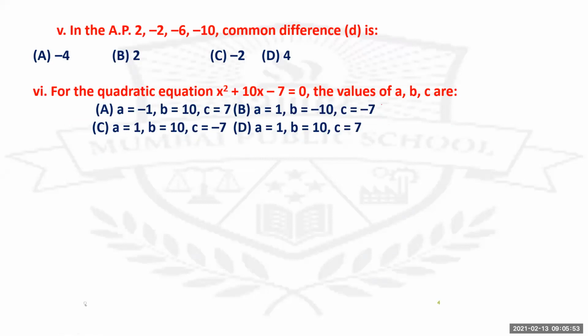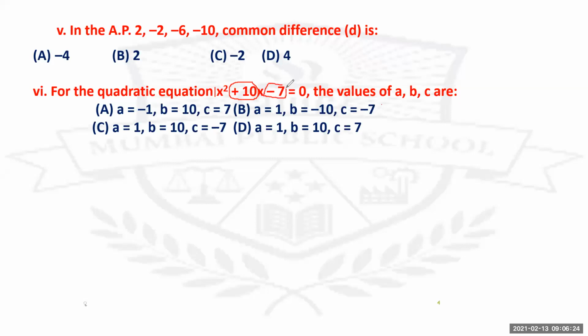For the quadratic equation x square plus 10x minus 7 equals to 0, the values of a, b and c are? When you look at the equation, check the coefficient of x square. Nothing is shown, so it is 1. The number next to x, along with the sign, is plus 10.